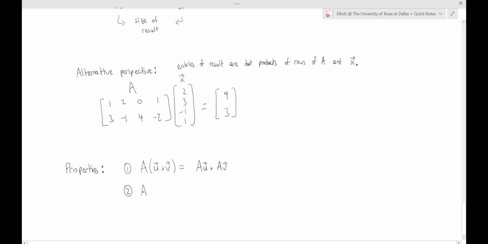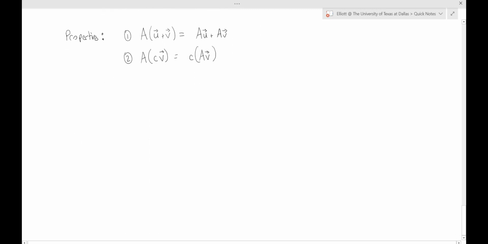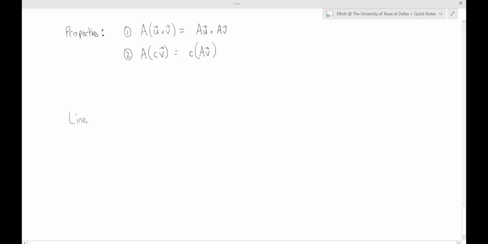Likewise, if you have A times a scalar multiple of a vector, you can multiply A with v and then multiply the result by scalar c. So you can pull the scalar outside. Okay. So those are just two properties of matrix vector multiplication. And now I'm going to talk about linear transformations.